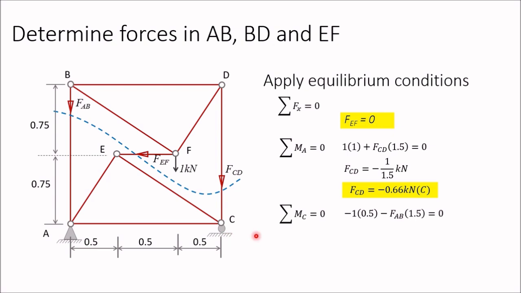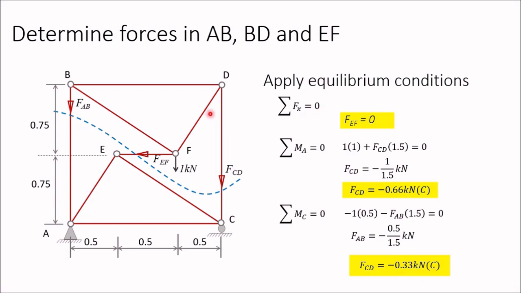So this equation will become minus 1 kilonewton into 0.5 minus FAB into 1.5 is equal to 0. So when you solve this, again you are getting negative value, 0.5 divided by 1.5, and this is equal to minus 0.33 kilonewton. Again minus sign indicates this member is also a compression member.